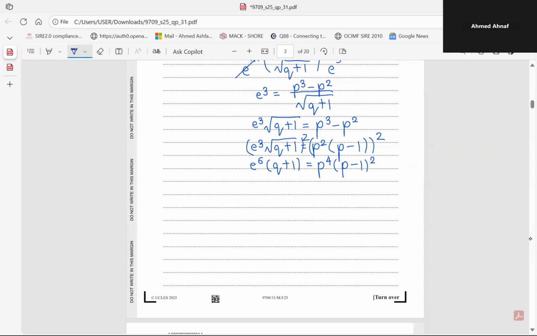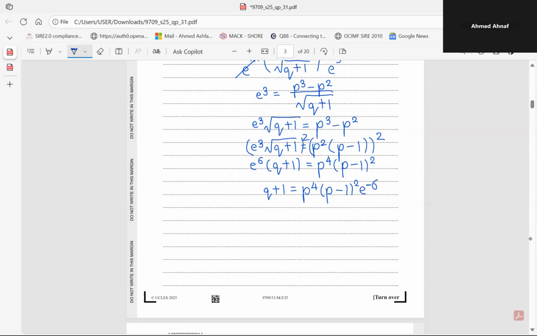Now let's divide both sides by e to the power of 6. We would have q plus 1 equals p to the power of 4 times (p minus 1) squared times e to the power of negative 6, which is the same as 1 over e to the power of 6.